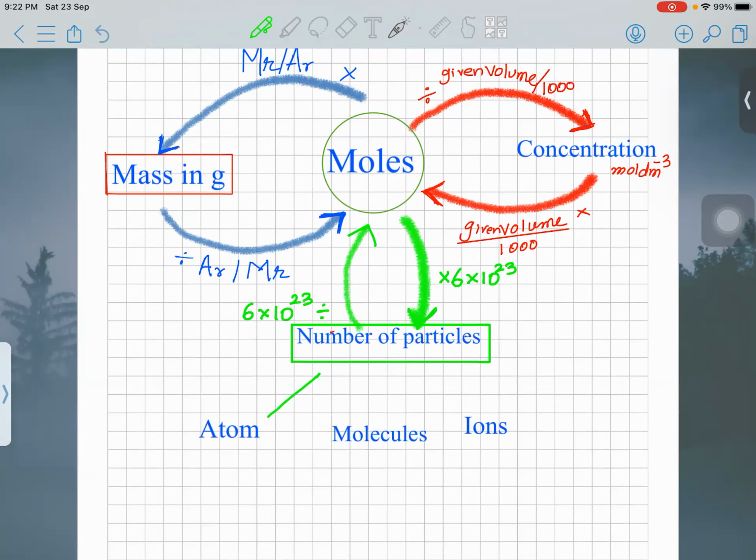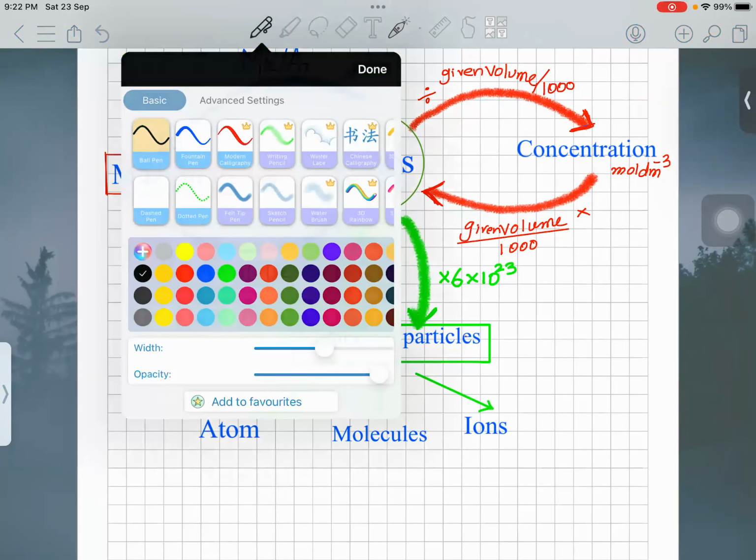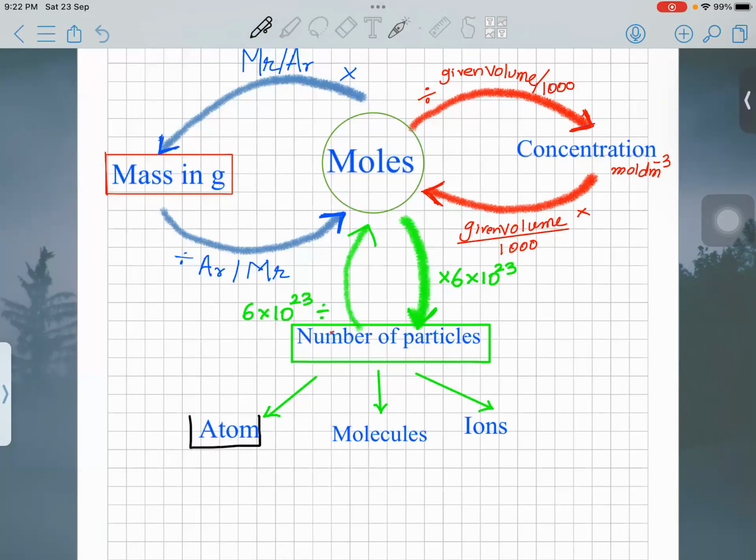Particle means number of atoms, number of molecules, or number of ions.